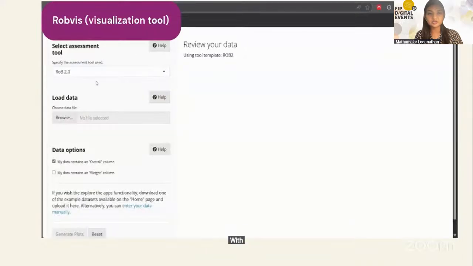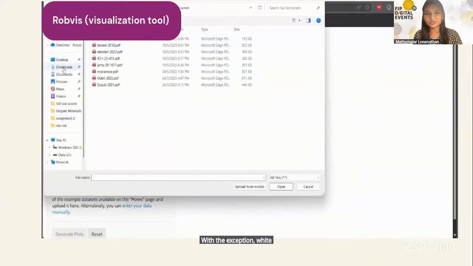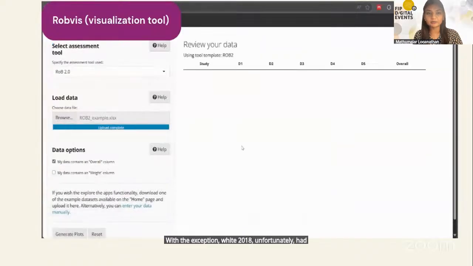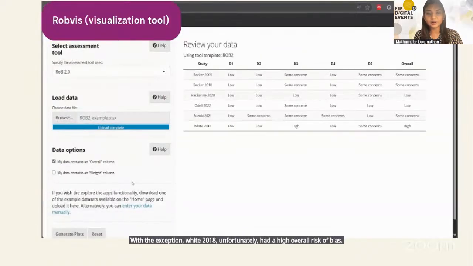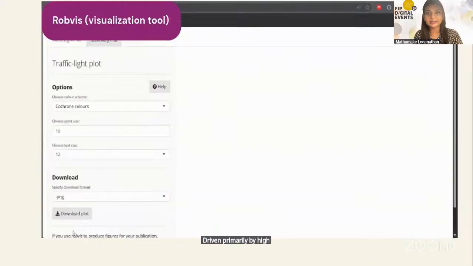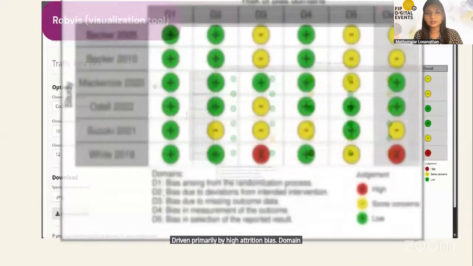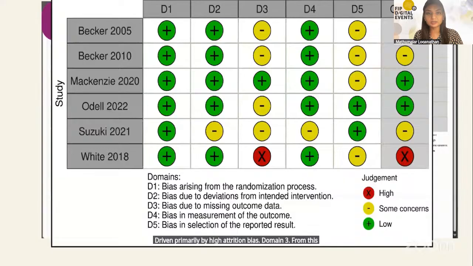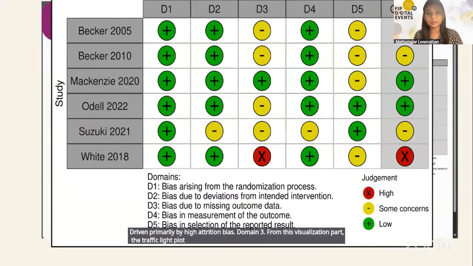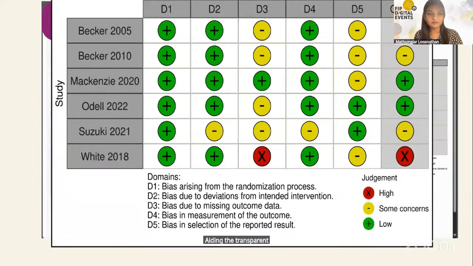With the exception, White 2018 unfortunately had a high overall risk of bias driven primarily by high attrition bias, domain 3. From this visualization, the traffic light plot clearly displays the domain-level judgments for all included studies, aiding the transparent appraisal of the evidence base. Next, please. Thank you.